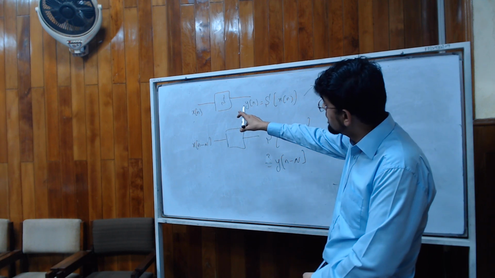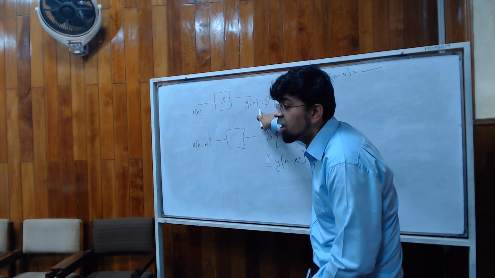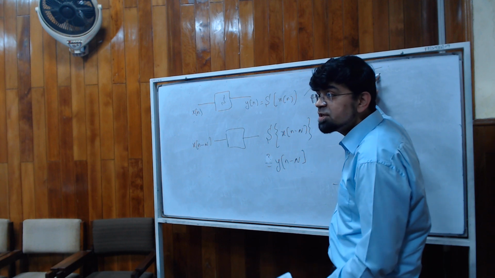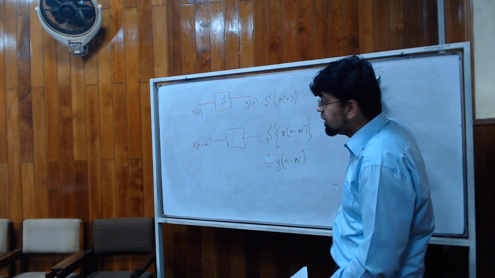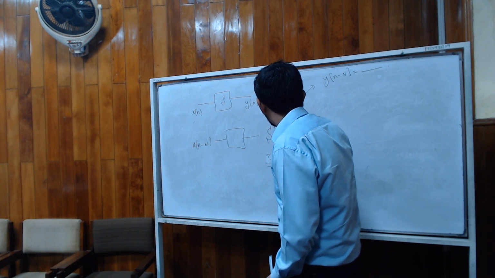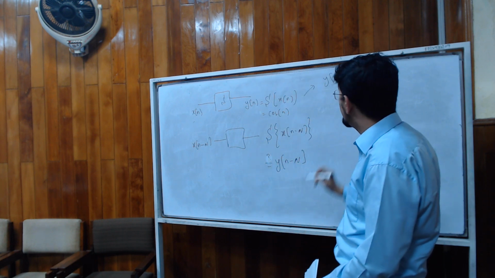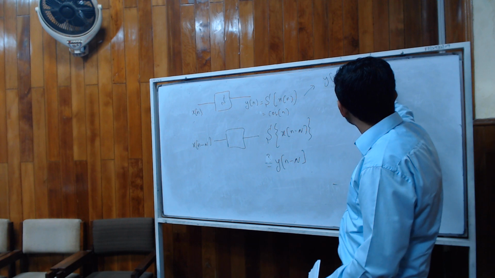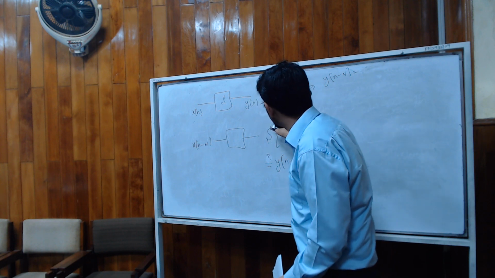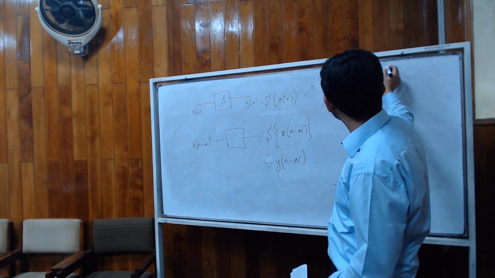Pass the input through the system, get the output and write the delayed version of the output. We have not touched the input, okay? Let's say the output was cosine n, then the delayed version of the output will be cosine of n minus n0. Don't look at the input in this case. So write the delayed version, keep it with you, whatever came out, okay?